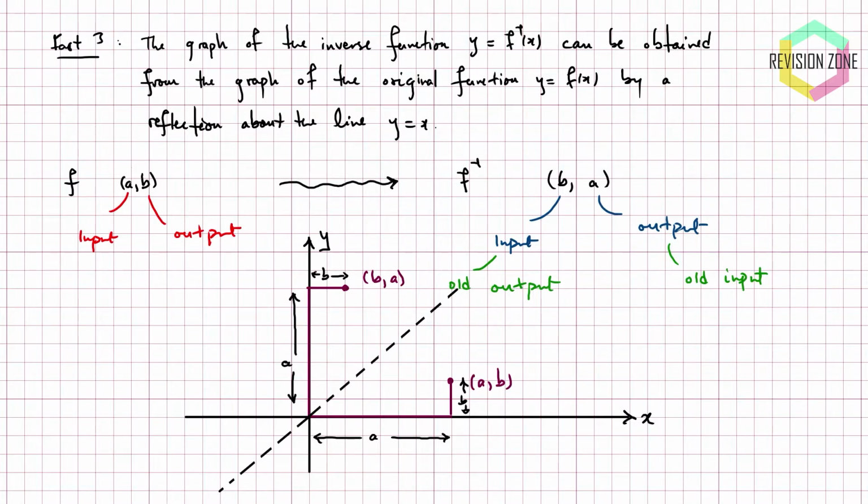So I hope it's now crystal clear that if I take the point (a, b) and then want to also plot the point (b, a) at the same time, they're going to look like this. And it shouldn't come as a surprise to you that this is basically the same thing as a reflection about the line y equals x.